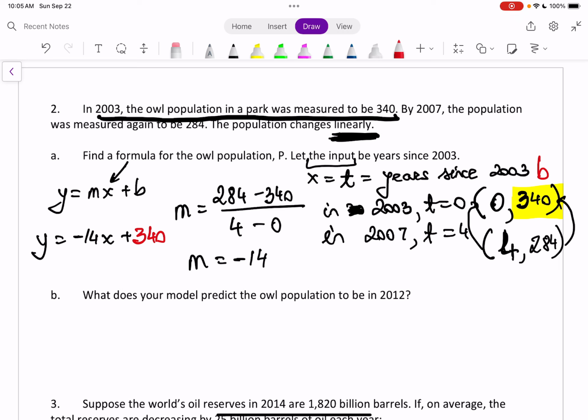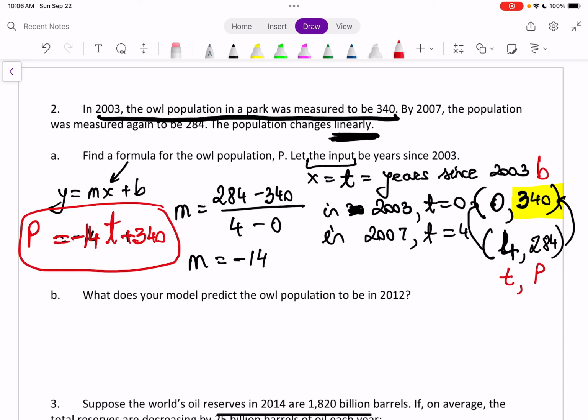And the other thing we wanted to do is call our x by t for time and our y by p. So I'm going to go back and change this. And here it is. You can write p or p of t to show it's a function of time.